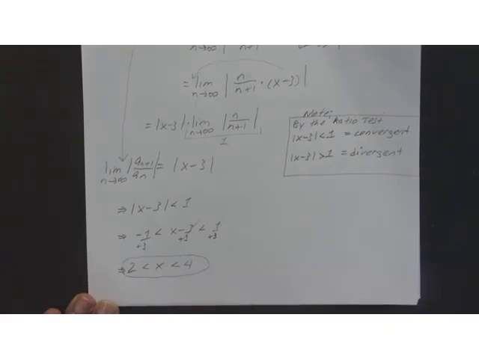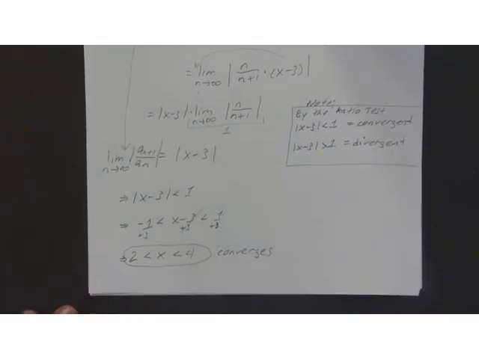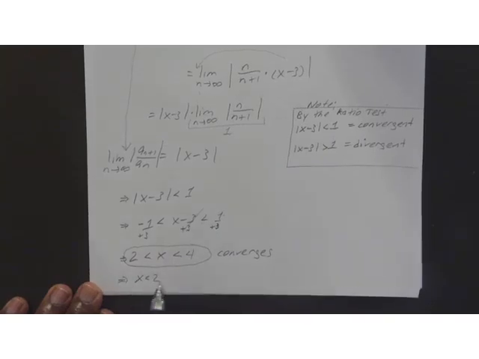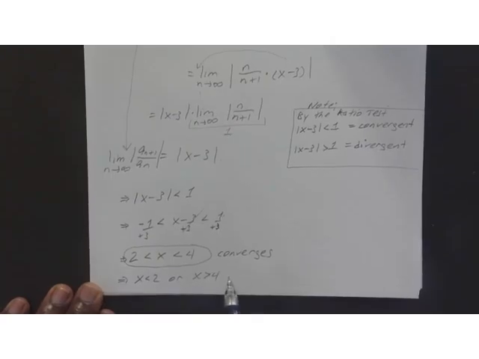So we know these are the values where it converges. Which means that if x is less than 2, or if x is greater than 4, those are the values where it diverges.